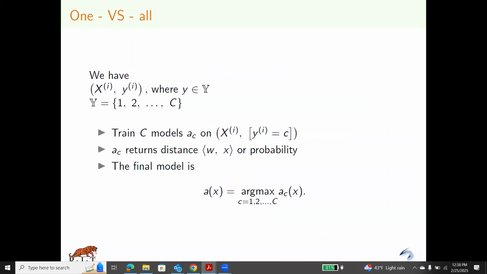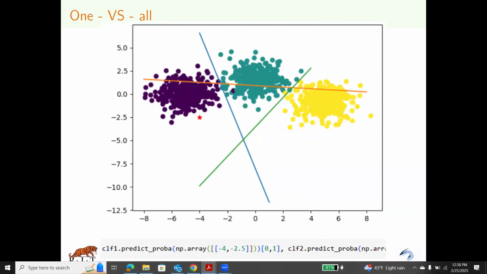How do we actually assign the class to a new point? Let's go through an example first, and then we will go back to the formula. We want to classify the new point, the red one.